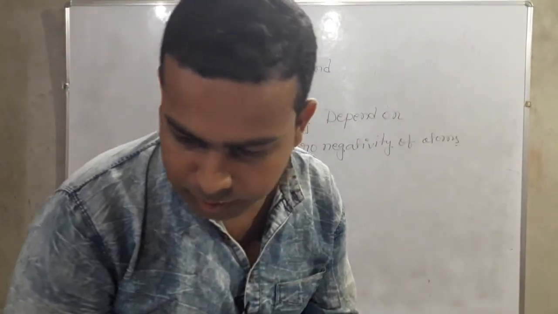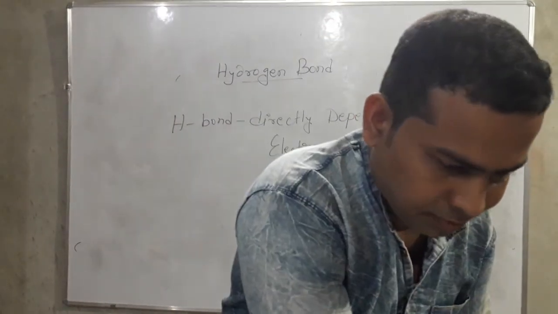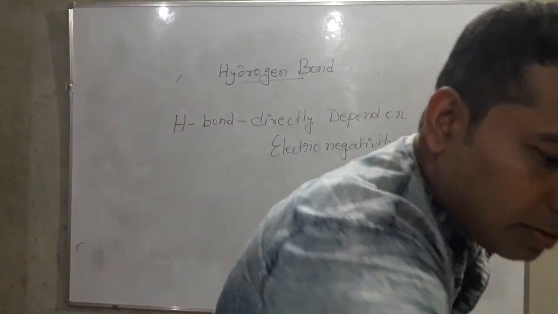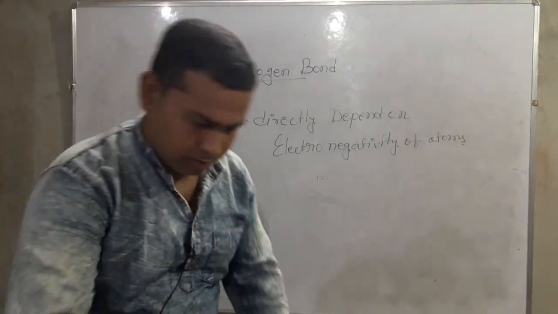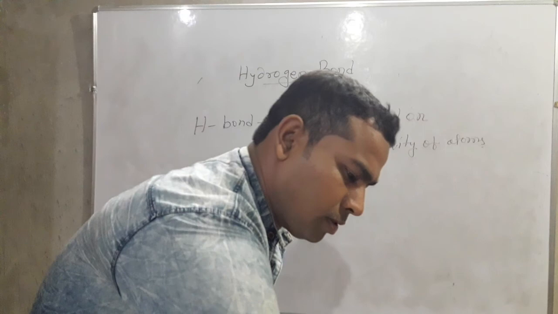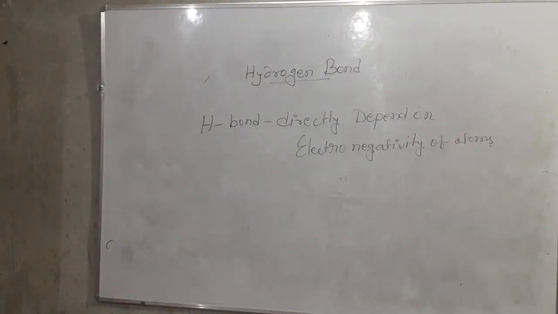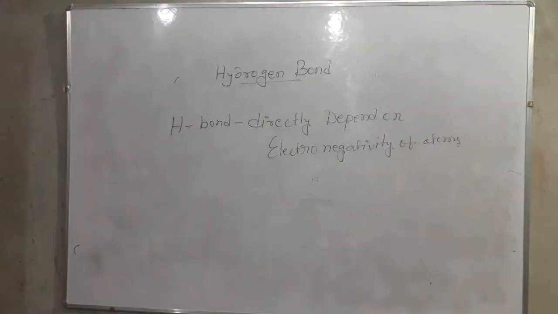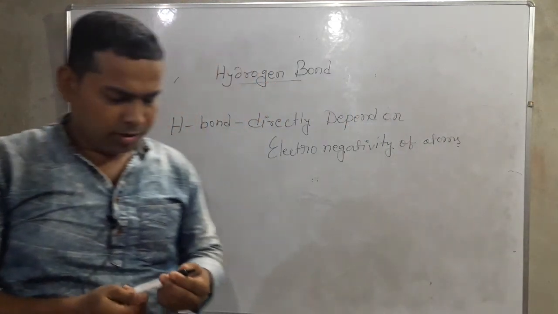If the atom is more electronegative, that is, this atom has higher electronegativity, the more electronegative element shows more hydrogen bond.